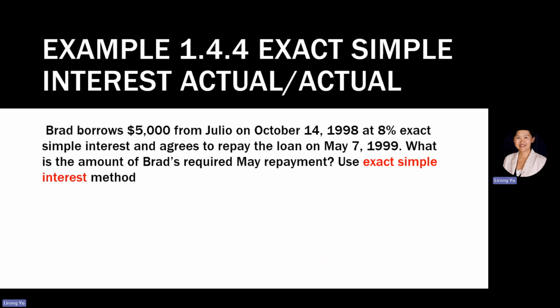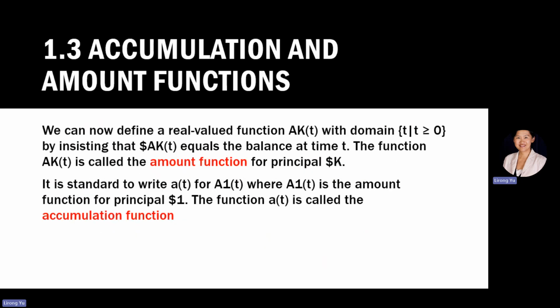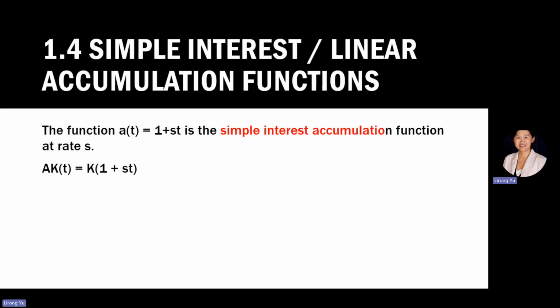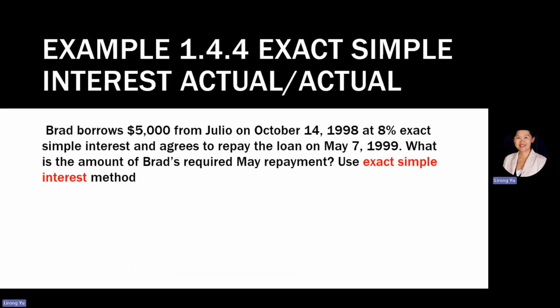By the time the loan is due, he has to pay back the 5,000 plus the interest. So how do we calculate the interest? According to what we mentioned earlier, the interest ratio should be S times T, but exactly what is that time? That's the problem here.